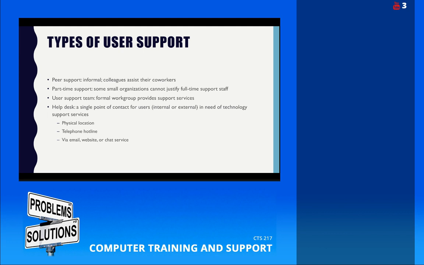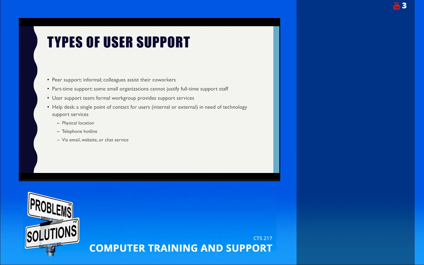That way they have things compartmentalized to meet needs better. So that's also an option for user support. And all of these, with the exception of peer support, are options for user support jobs.